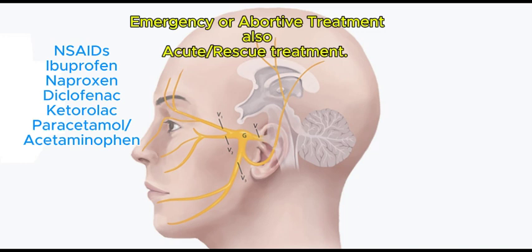Non-steroidal anti-inflammatory drugs like ibuprofen 500 mg to 600 mg, or naproxen up to 800 mg, or diclofenac up to 75 mg, or aspirin or acetaminophen, which is also called paracetamol.